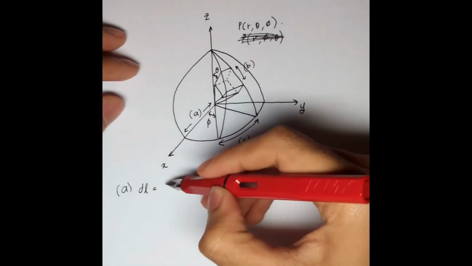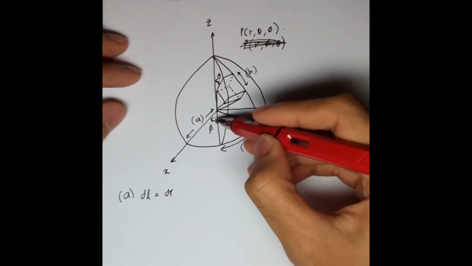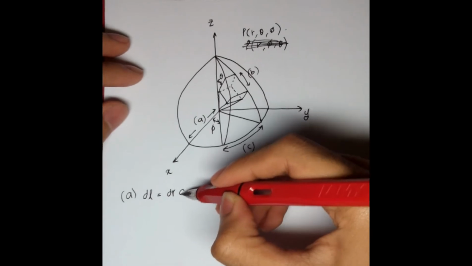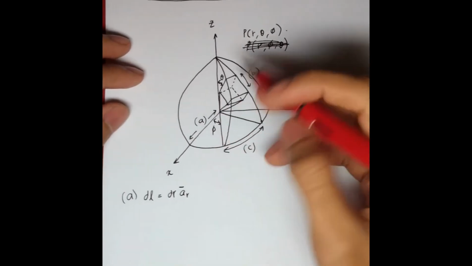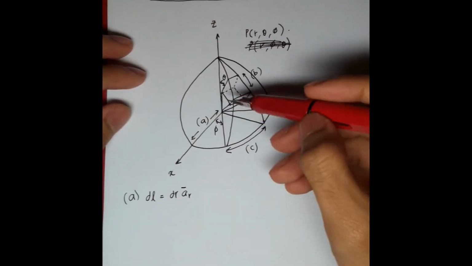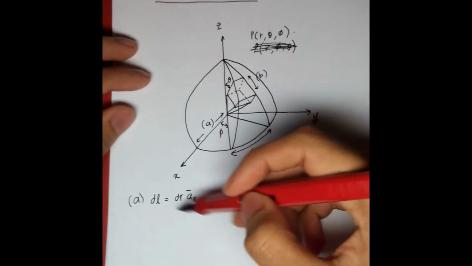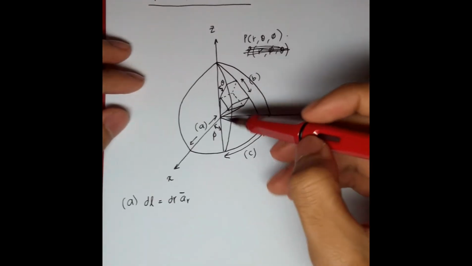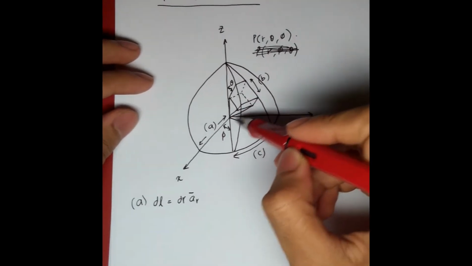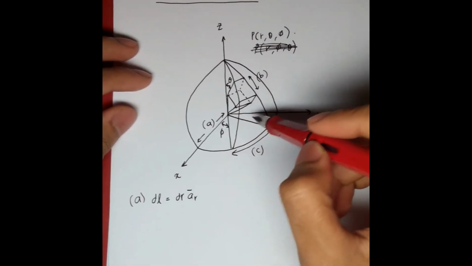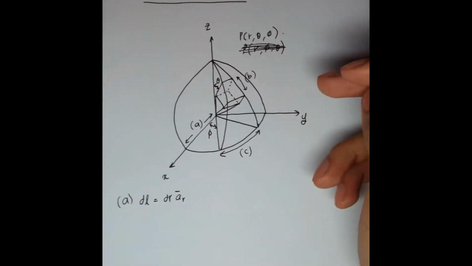So the magnitude should be dr, and the unit vector is a r, because it is pointing towards the radius. The differential length of r can be here, here, anywhere, because it's a radius.